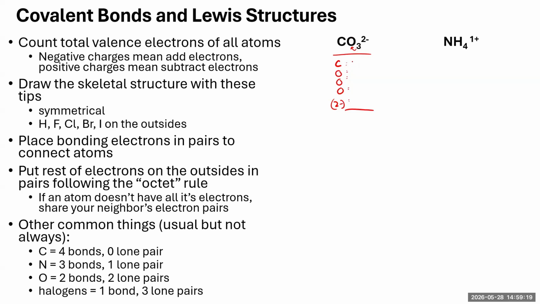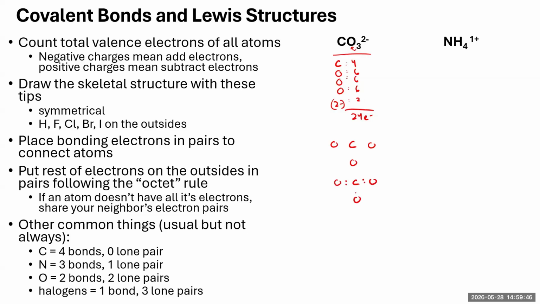So it's going to be 4, 6, 6, 6, and 2. That's 24 electrons total. Draw the skeletal structure with these tips, right? Symmetrical, so the only way you can draw it is kind of like that.